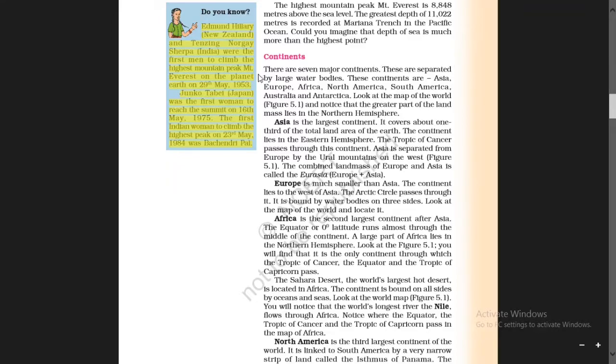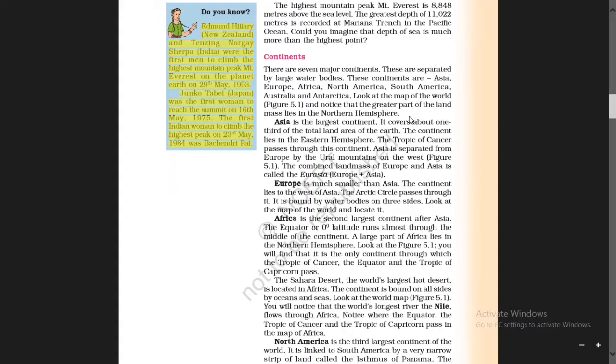These are separated by large water bodies. These continents are Asia, Europe, Africa, North America, South America, Australia, and Antarctica. Look at the map of the world given in figure 5.1, and notice that the greater part of the landmass lies in the northern hemisphere.